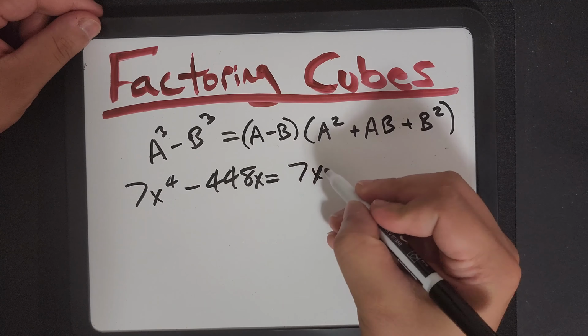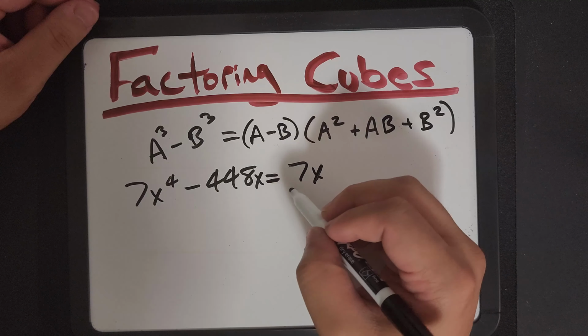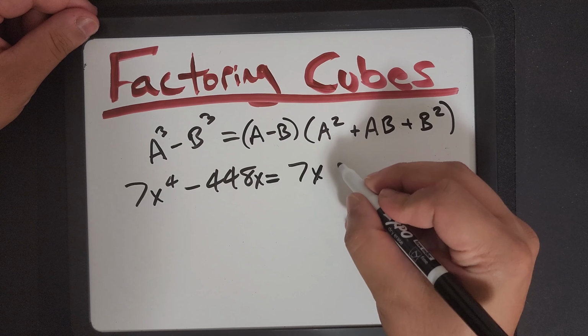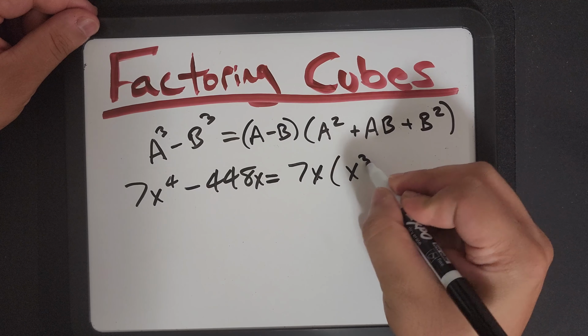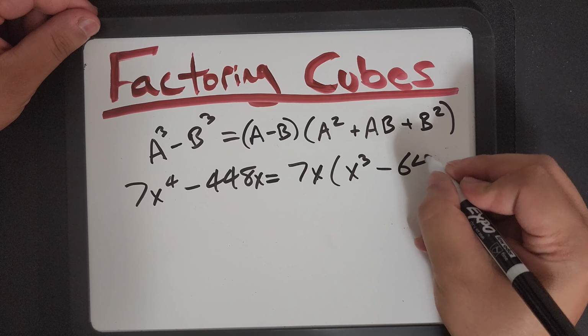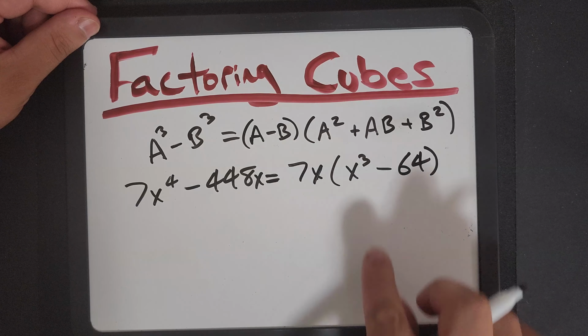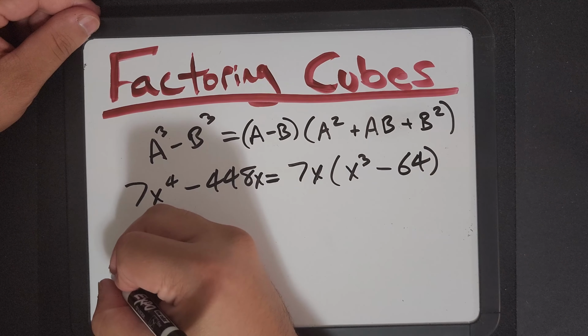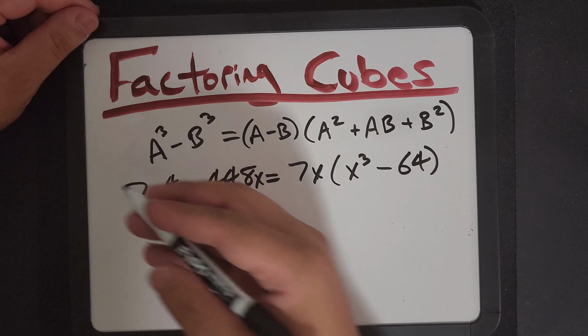So 7x, because 448 is divisible by 7. At which point we're left with x cubed minus 64. And we know that 64 is a cube because 4 times 4 is 16 times 4 is 64.